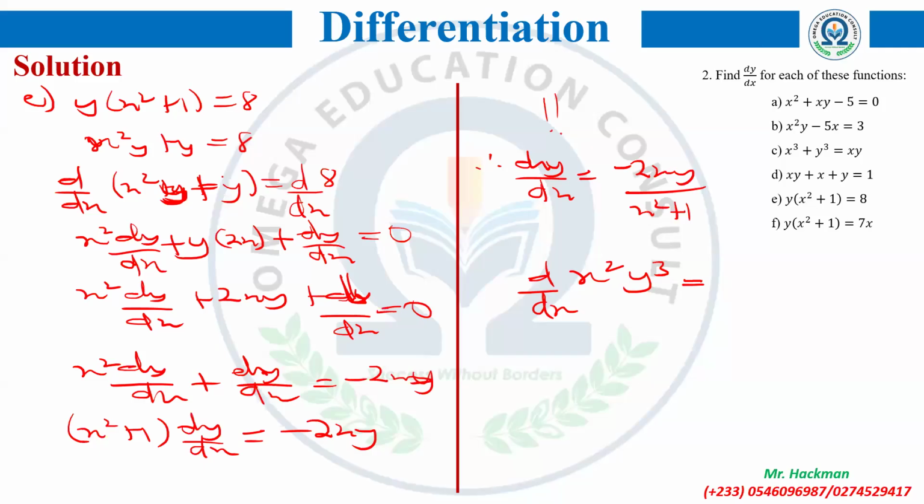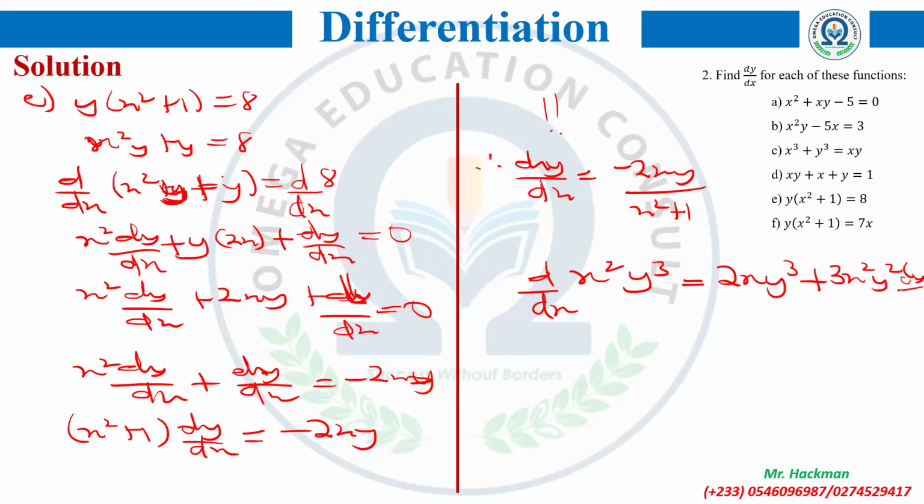Okay, so I have gone through. Kobe, the answer is 2xy cubed plus 3x squared y squared dy/dx.